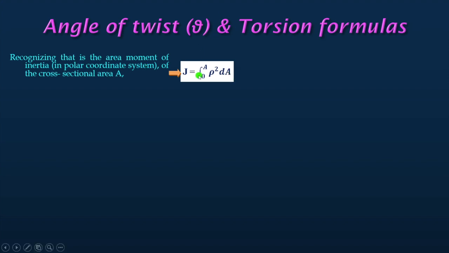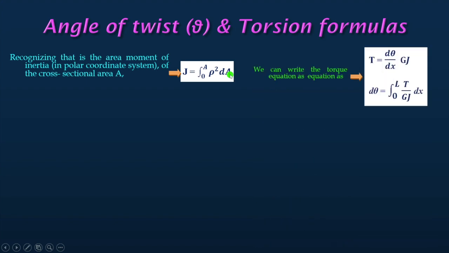So substitute the value of the integral of rho square dA equals J. We are having the torque equals d theta by dx G into J, or d theta equals this.